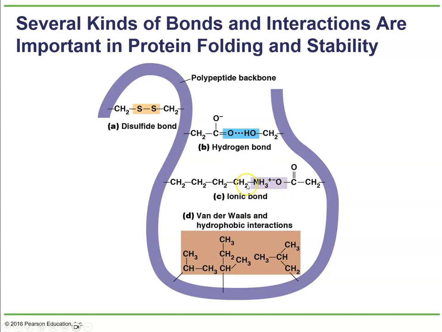Obviously the covalent bonds are the strongest bonds on here. Among the intermolecular forces that don't involve complete sharing of electrons, this would be the next strongest. Then hydrogen bonding, and then the weaker ones would be the dipole-dipole bond where a hydrogen isn't involved. And then finally, the weakest interactions are the van der Waals, the hydrophobic interactions.